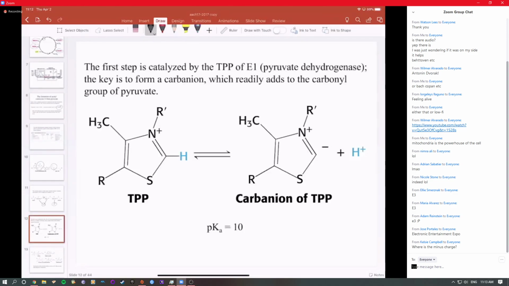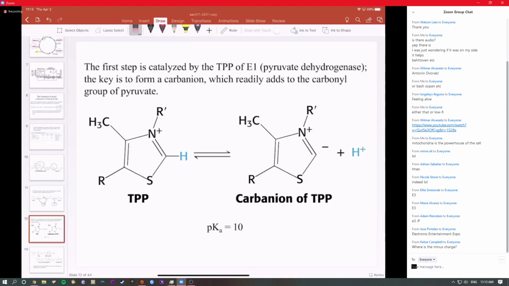And the nice thing and very strange thing about TPP is that this proton here has a relatively low pKa. Most CH groups on carbon have a pKa, in the case of a hydrocarbon, somewhere around 50.